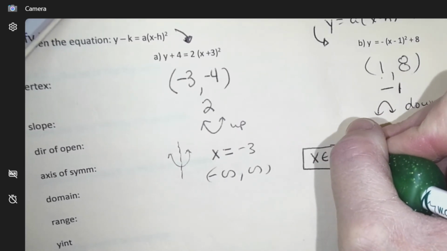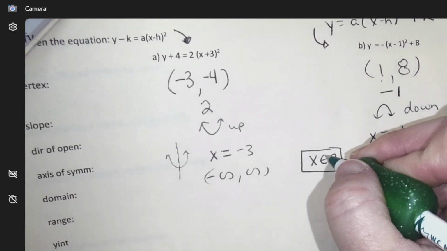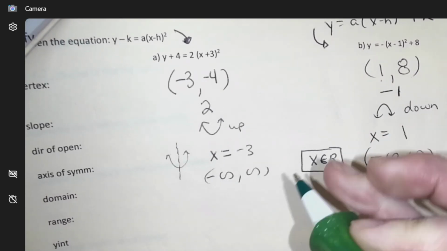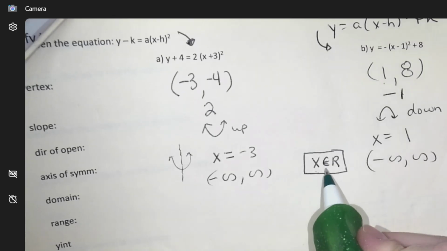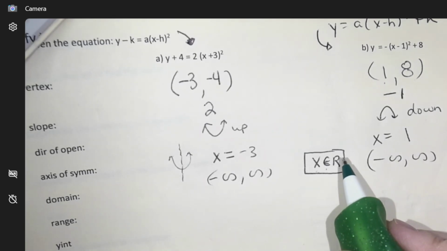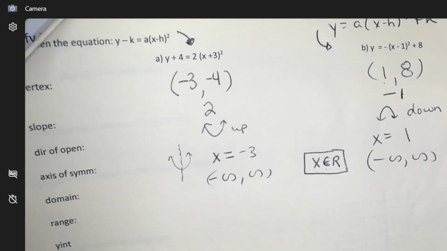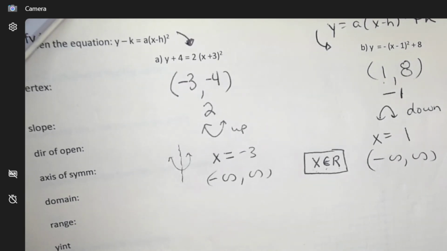This is how lots of textbooks you would see it. So this means x, because domain talks about x. X is an element of all real numbers. It can be anything. It can be any real number. So that's what that means.